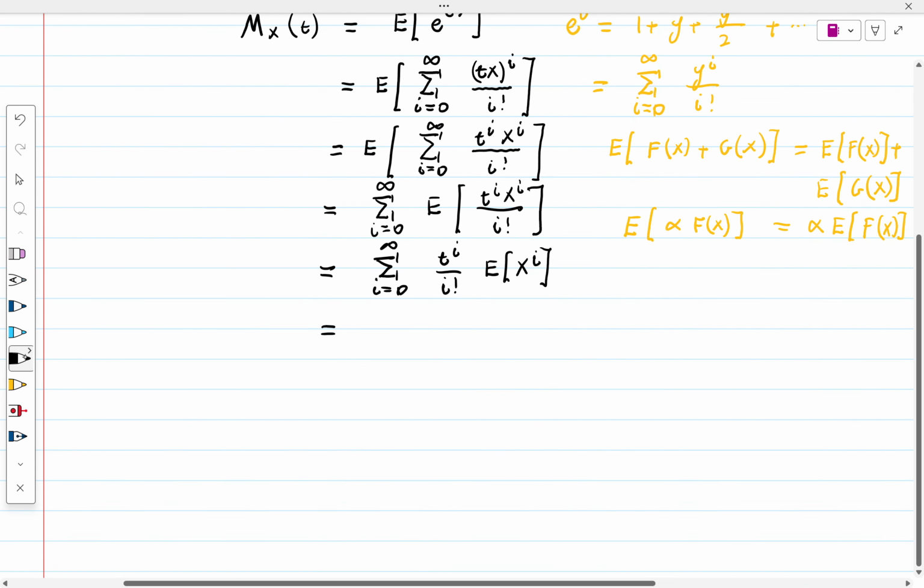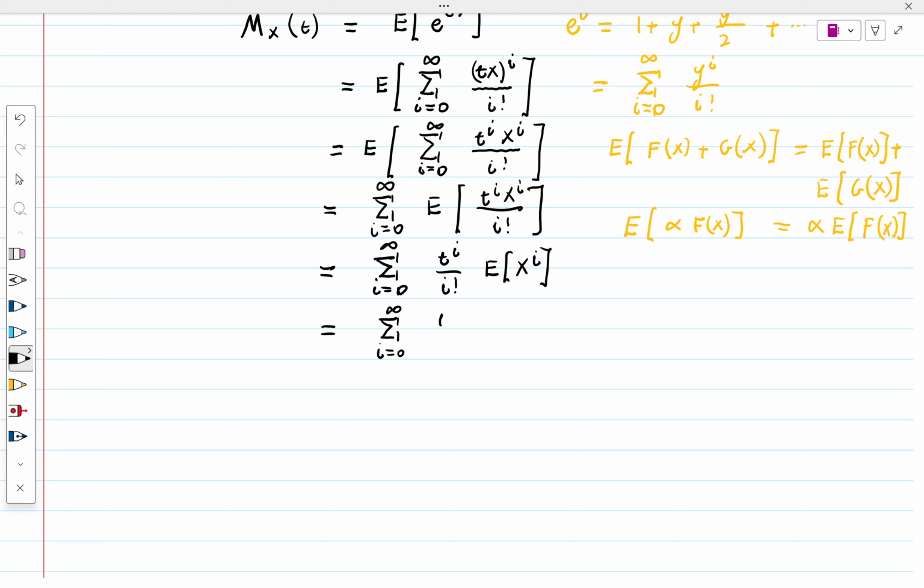We can therefore rewrite this summation as the sum from i equals 0 to infinity of t to the i mu i over i factorial. And there you have it.